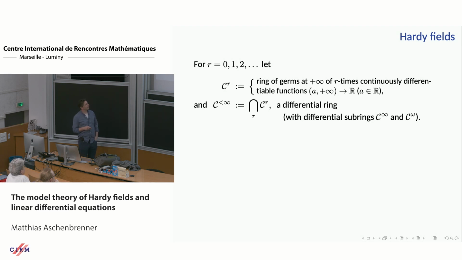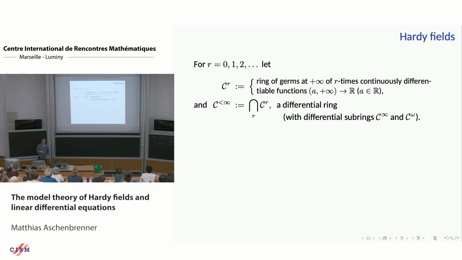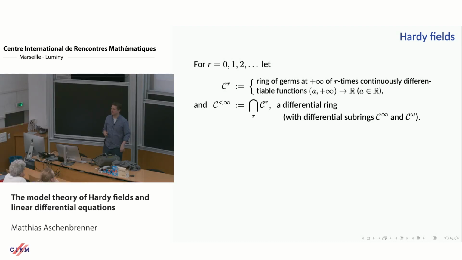But this is, in a natural way, a differential ring, because you can define the derivative pointwise on representatives. And it has, of course, differential subrings, namely C^∞ and C^ω. Those are the germs which have a representative that is actually C^∞ on the whole half-line, or actually analytic.